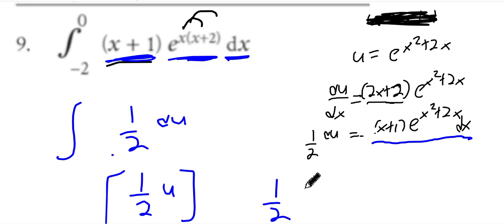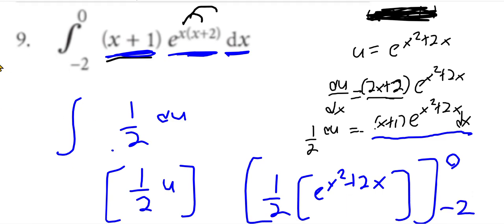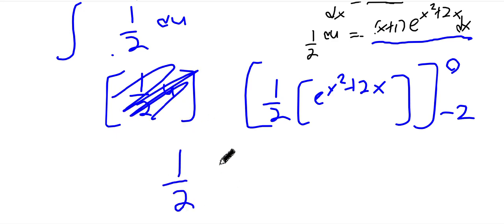And what is a half u? We set it up here. And we have a right. That's perfect. And the whole thing is from 0 to -2. So what do we get? A half e to the 0, just e to the 0, isn't it?